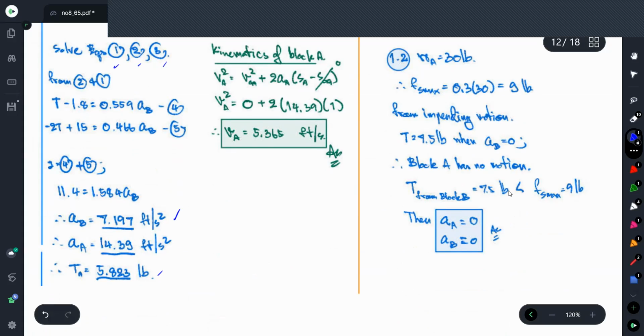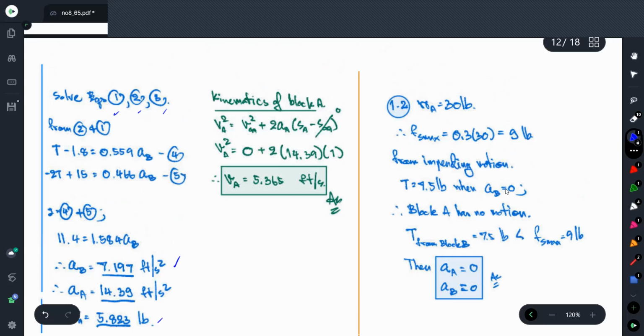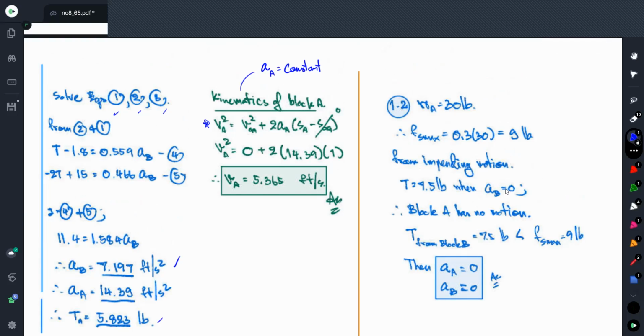After we have this, we would like to find the velocity of block A when it moves to the right 1 foot. For that case, we can apply the kinematic equation for constant acceleration. The acceleration of block A is constant, so we can apply this formula.